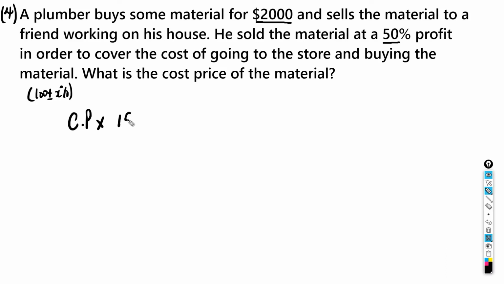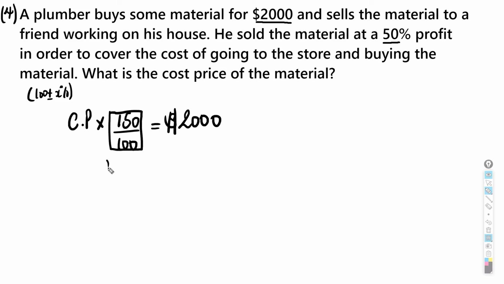So it's 150% of the material that should be equal to the 2,000, right? Because he sold it at a 50% profit. Cool. So to find the cost price now, we'll have to do the same thing. We'll have to divide the right side by this 150 over 100. So the cost price is equal to 2,000 divided by 150 over 100, right?